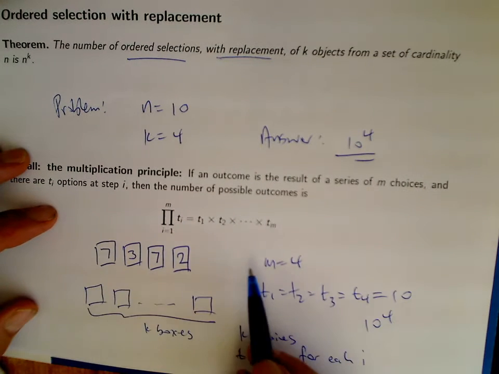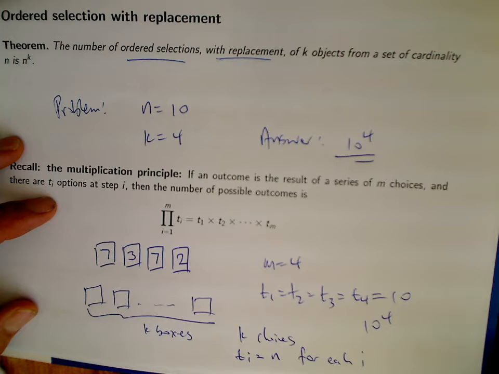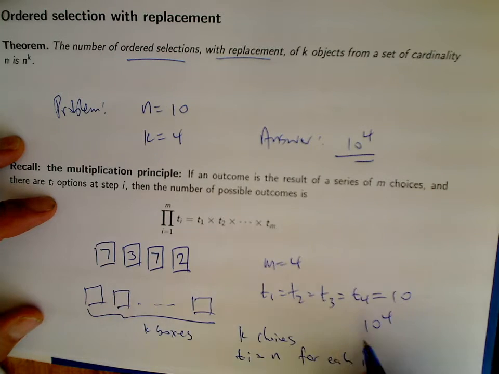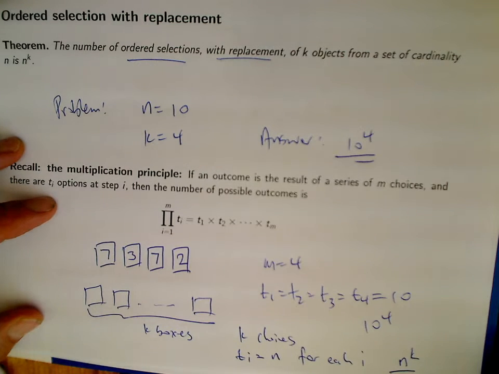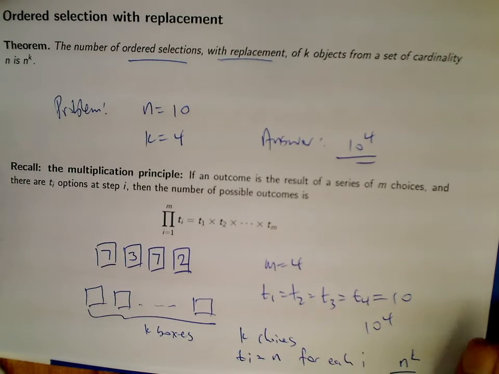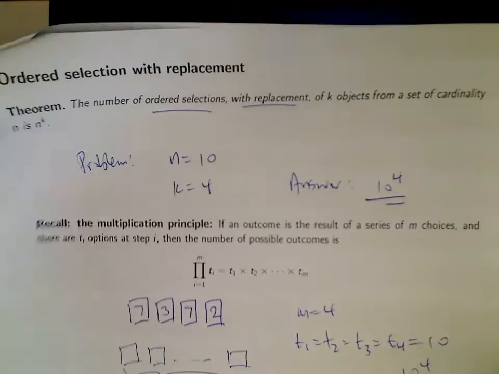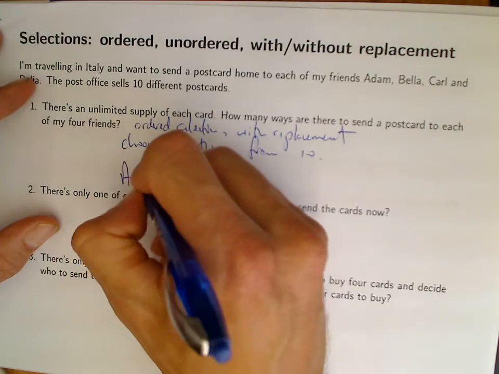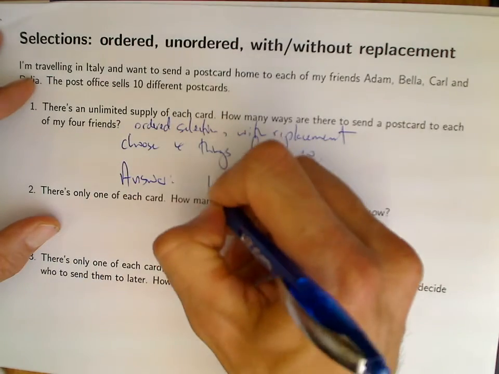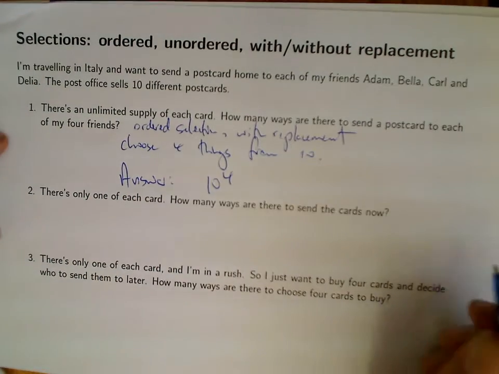Then we multiply all those together, and the product of the t_i's will be n to the k. So that's ordered selection with replacement, and we've answered that first question. The answer here was 10 to the 4.